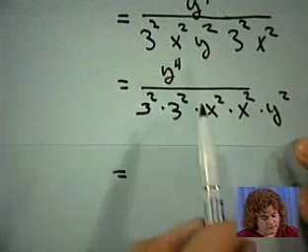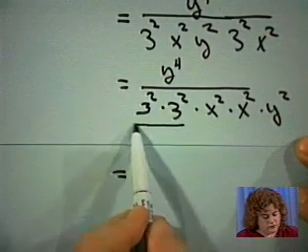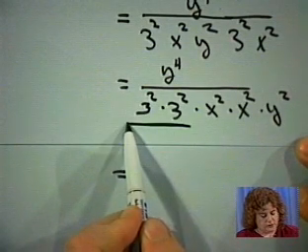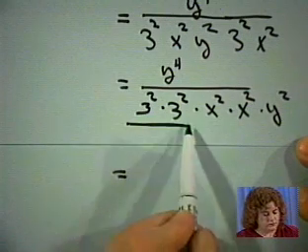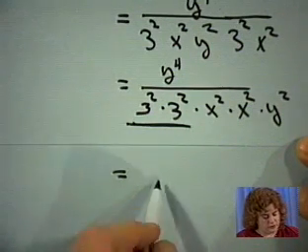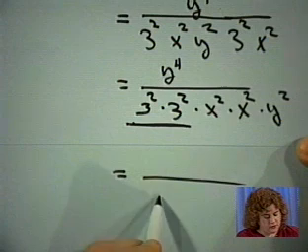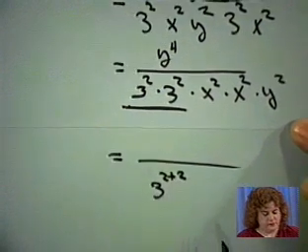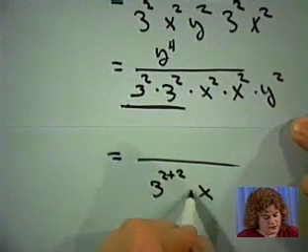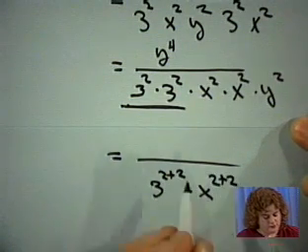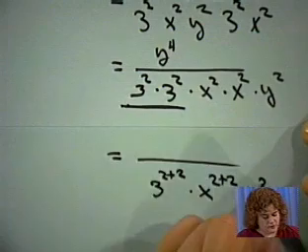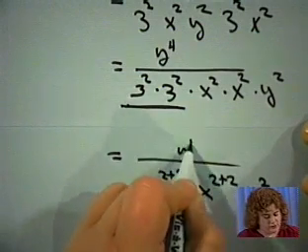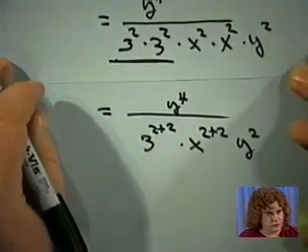Well, I can use my product rule for the 3 squared times the 3 squared, and that will be 3 to the 2 plus 2. Likewise with the x squared, x to the 2 plus 2. I still have that y squared hanging around. We'll deal with it in a minute. Move this up.